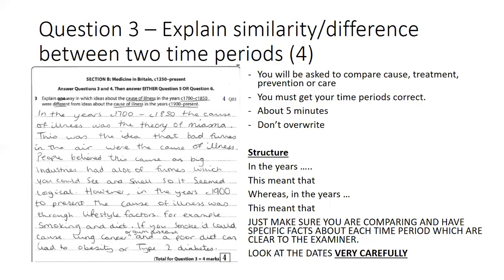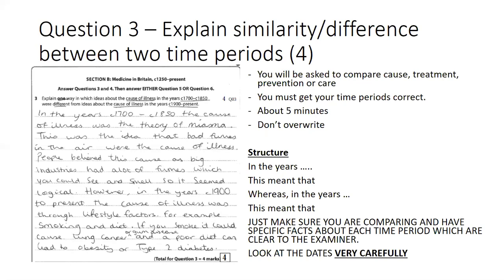So this candidate got the question: explain one way in which ideas about the cause of illness in the years 1700 to 1850 were different from the ideas about cause of disease in the years 1900 to present. It's a comparison for 2 time periods, and this person has written, in the years 1700 to 1850, the cause of illness was the theory of miasma. This was the idea that bad fumes in the air were the cause of illness.